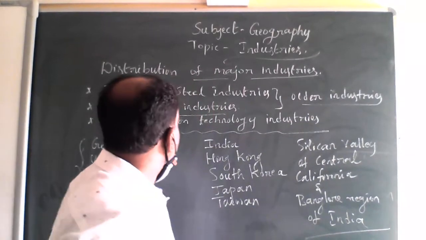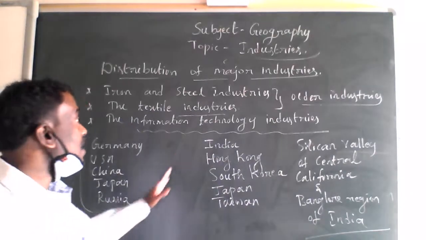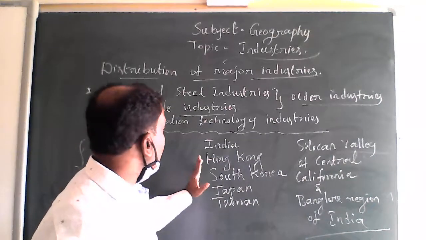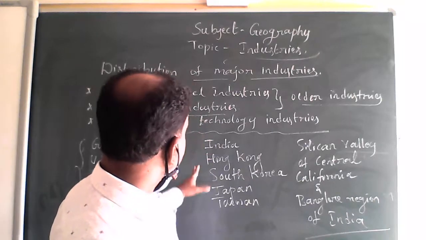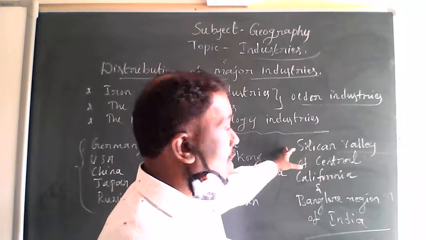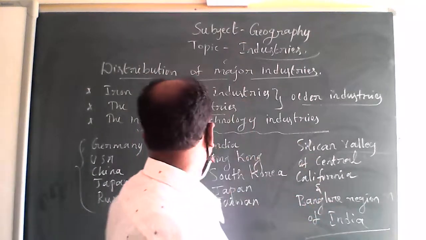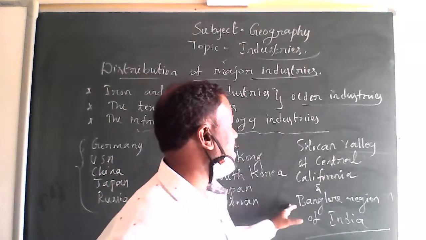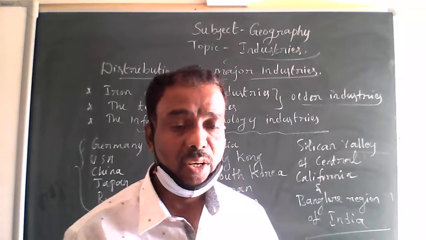Understood now? So these are the major countries of the iron and steel industry, these are the major regions or countries of the textile industry, and these two are the major hubs of the information technology industry, the Silicon Valley of Central California and the Bangalore region.